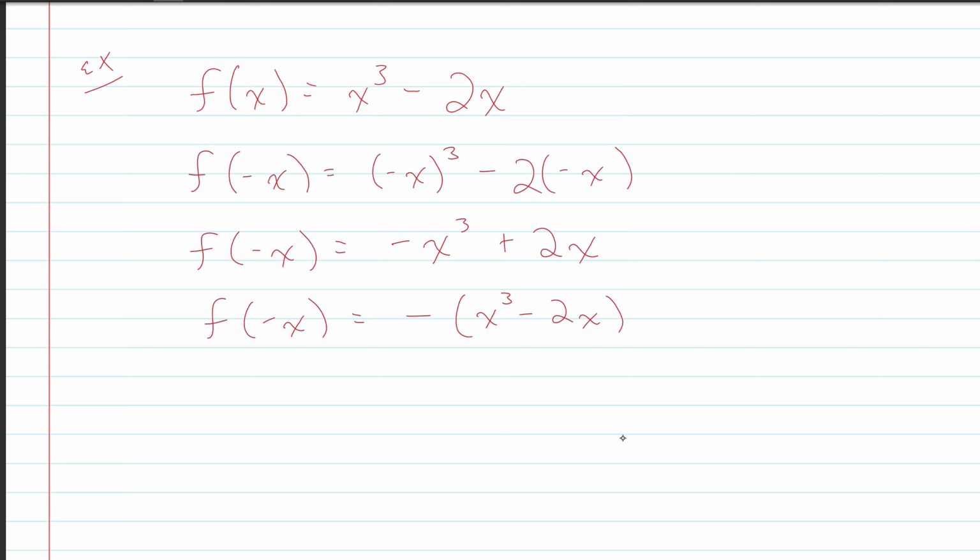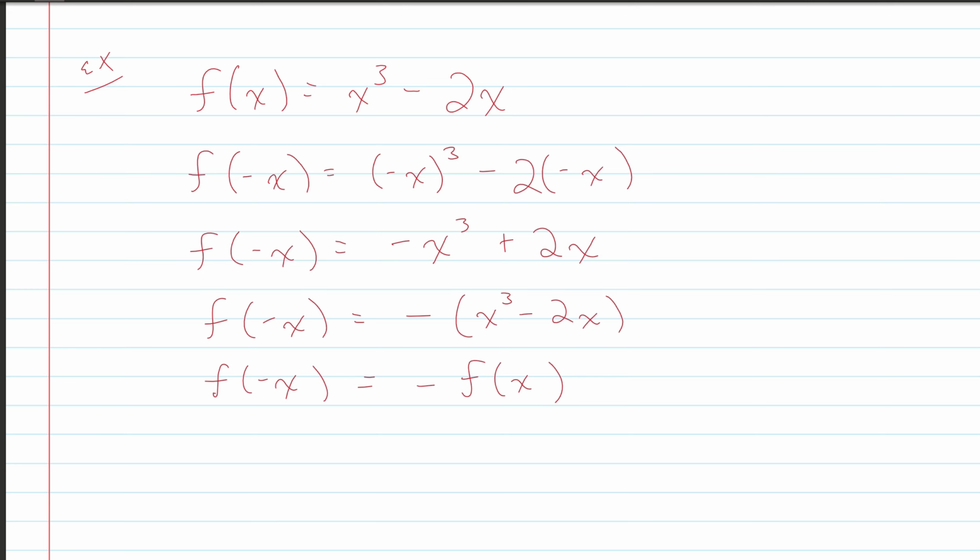Negative x to the third is the opposite of the positive x to the third in the original function. Positive 2x is the opposite of negative 2x. Or I can write it together as the negative of this entire quantity, which gives us the previous step back. Either way, it's the opposite. So we plugged in a negative x and got a negative f of x, meaning the opposite.